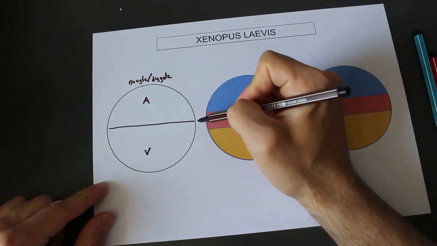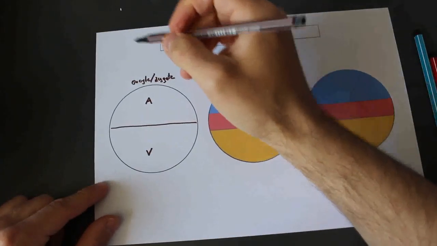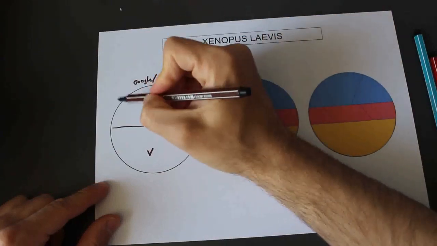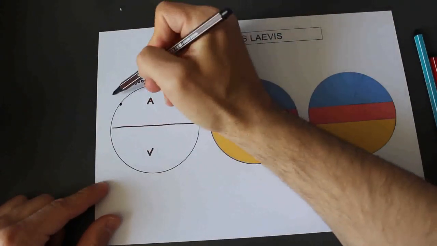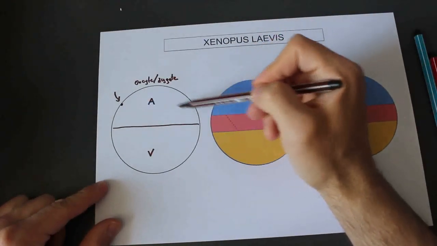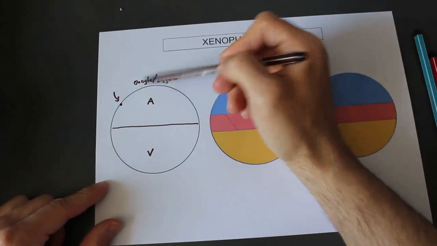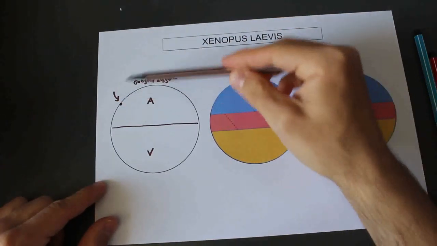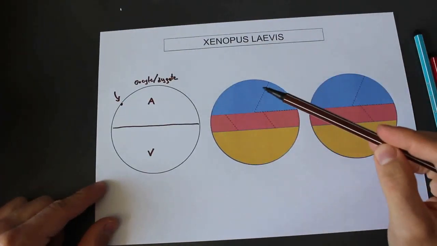Well, I'll have to tell you something else first. This here, let's say, is the sperm entry point. It can be anywhere on this hemisphere, so it can be here, here, here. It just has to be on the animal pole.